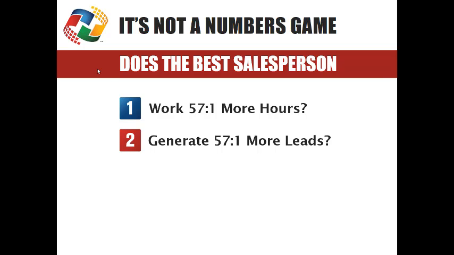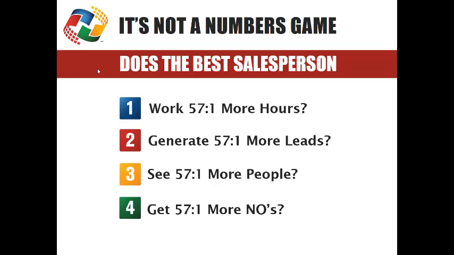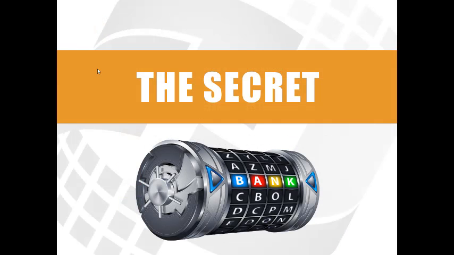Gets 57 times more leads? Or they see 57 times more people than other people? Or they actually get 57 times more no's than the not best salesperson? I don't really think so.